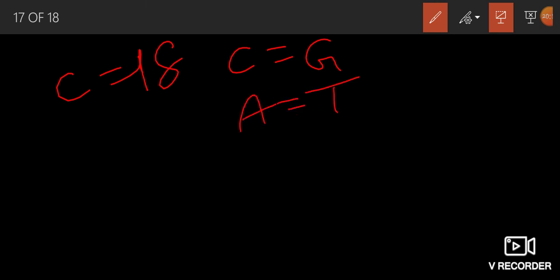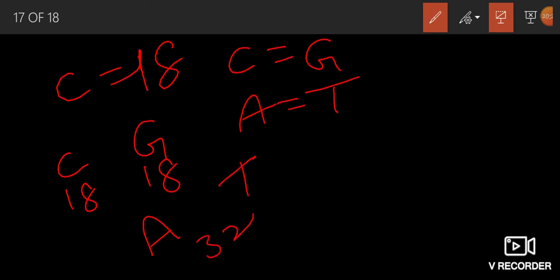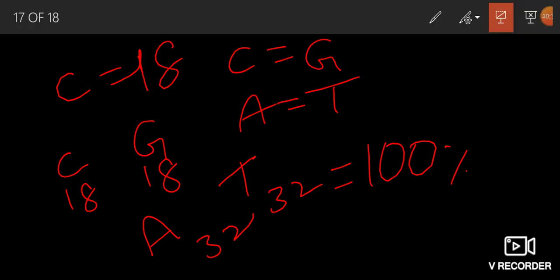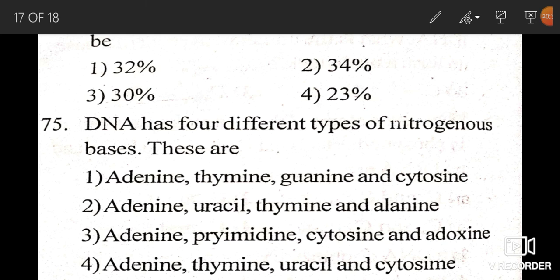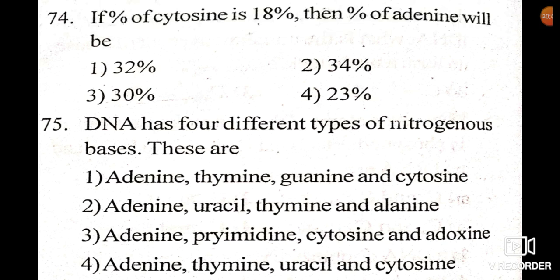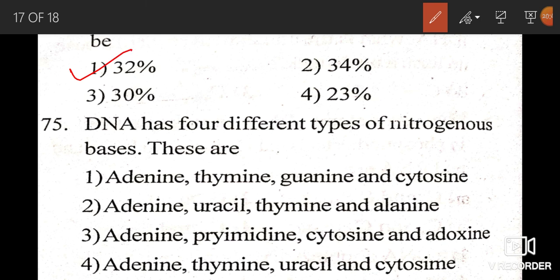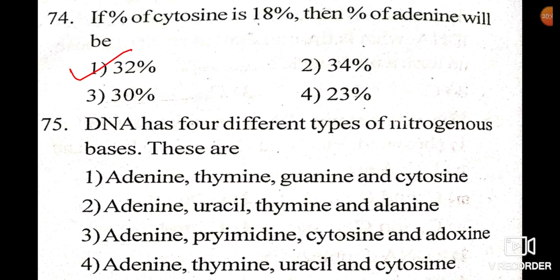So when C is 18, G is also 18. Then A is 32, thymine also 32. So totally 100%. So right option is 1, that is 32%. Adenine will be 32%.